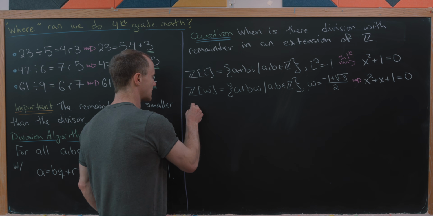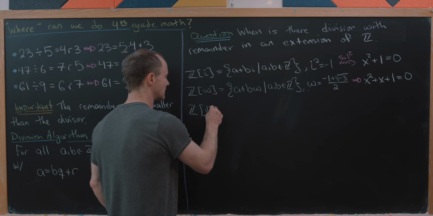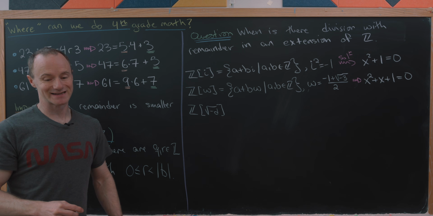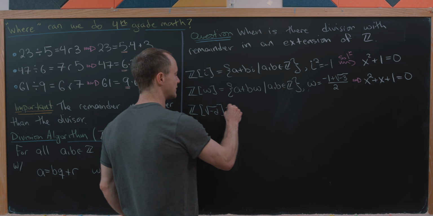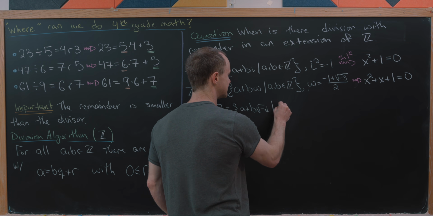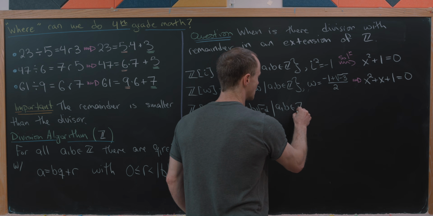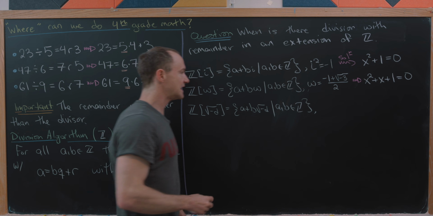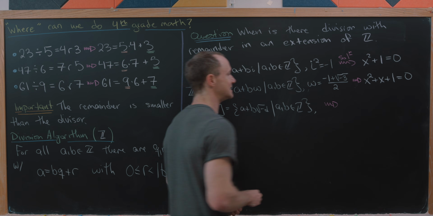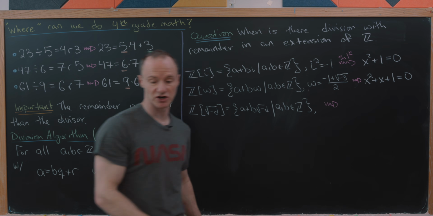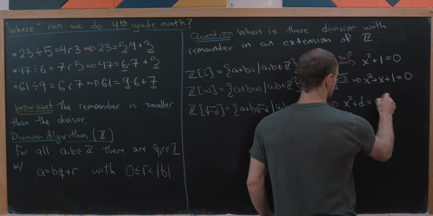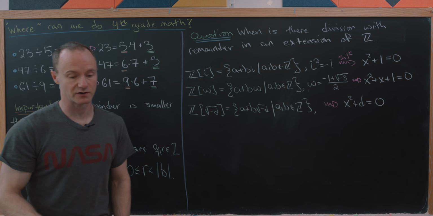And I guess, kind of more generally, you might look at something like this: Z adjoin the square root of -d. And so this would be everything of the form a plus b times the square root of -d, where a and b are integers. And here, it's pretty clear that this square root of -d is a solution to the quadratic equation x squared plus d equals 0.